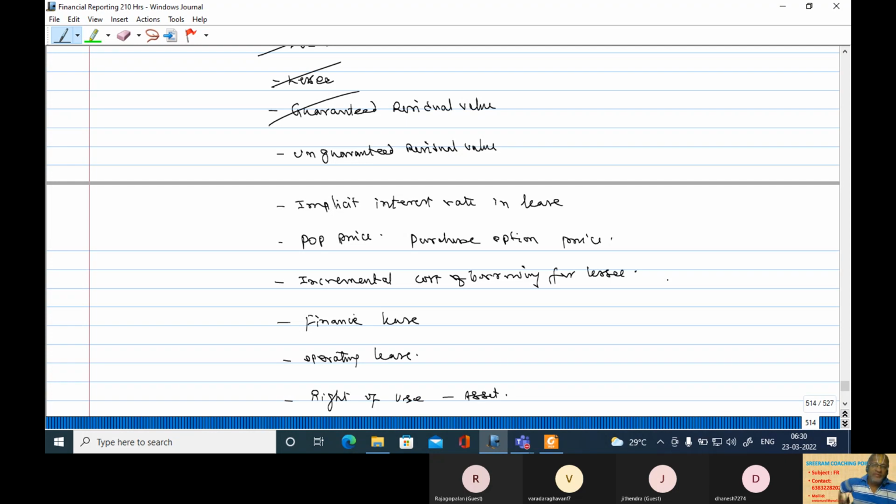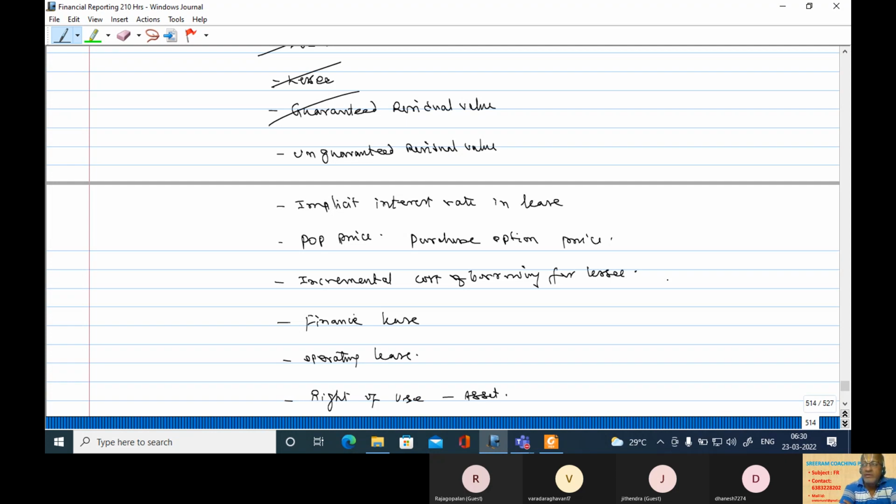And the right of use of asset will be amortized over the lease term, either on straight line basis or on number of units production basis. In the majority of cases, it will be written off over the lease term on straight line basis. How do they do that? Right of use of asset minus whatever guaranteed residual value is indicated, divided by the number of terms.